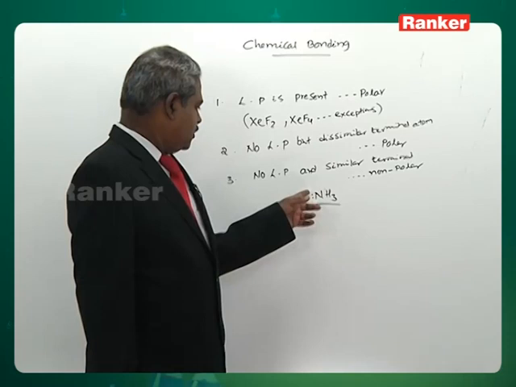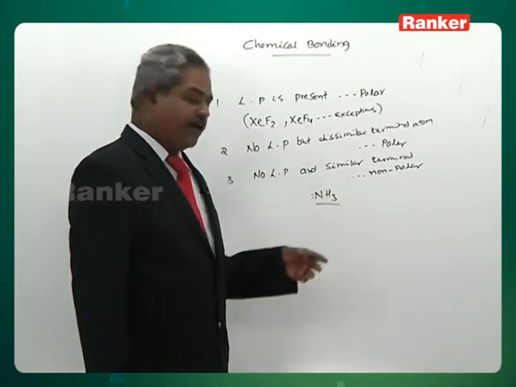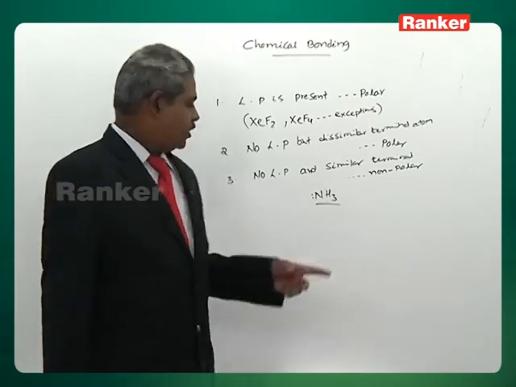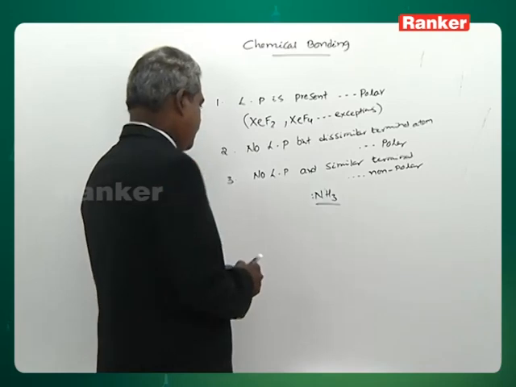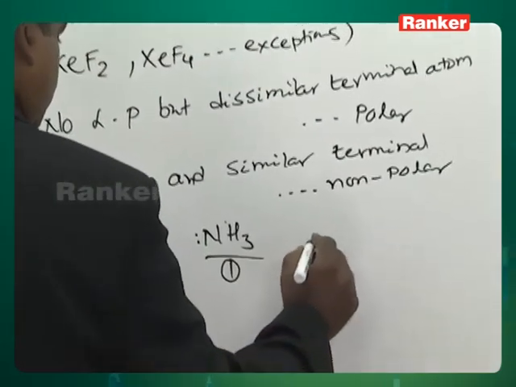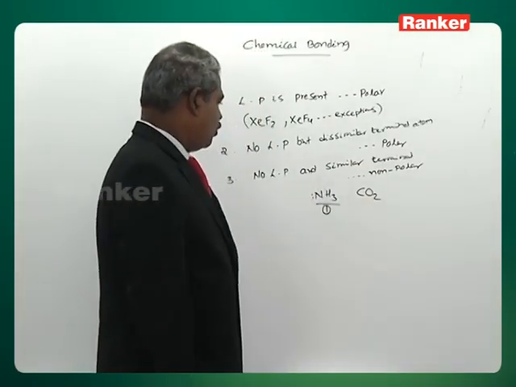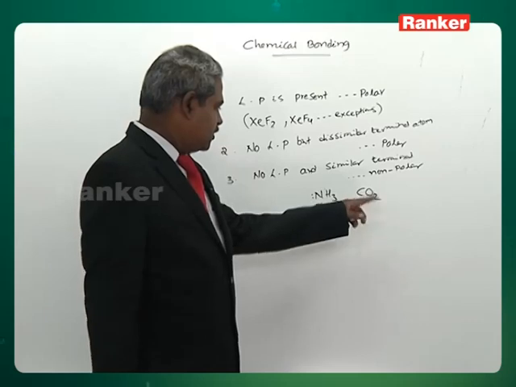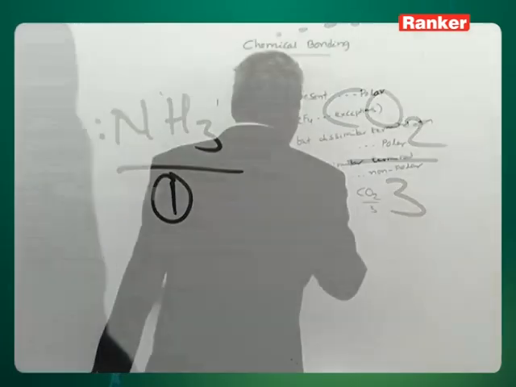The presence of lone pair leads to polarity, and to pyramidal geometry. NH3 is polar, case 1. CO2, carbon dioxide: there is no lone pair, and both the terminal atoms are similar, therefore it belongs to the third category, non-polar.